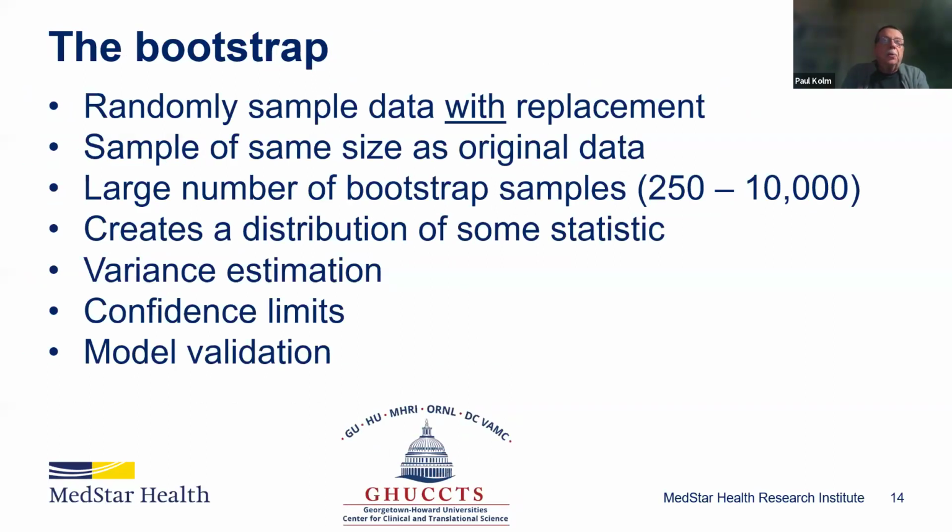In other words, you calculate a statistic like the mean, sampling the number that are typically in the sample, the N of the sample. So if you have 30 patients or subjects in your sample, then you take a random sample of 30 patients, but each time you draw one, you put it back in the pool to be randomly sampled.